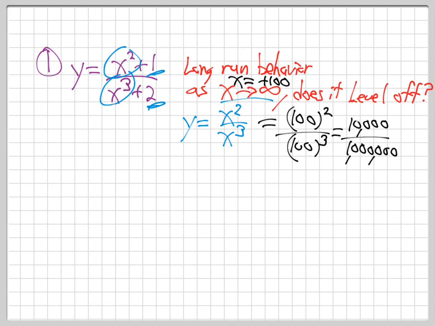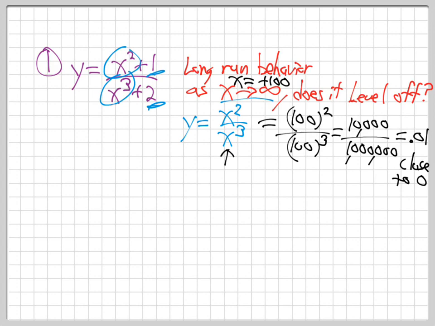It's 10,000 over 1,000,000. What if you divide 10,000 by 1,000,000? What are you going to get? I'm getting 0.01. In other words, it came out really small. That's close to 0.